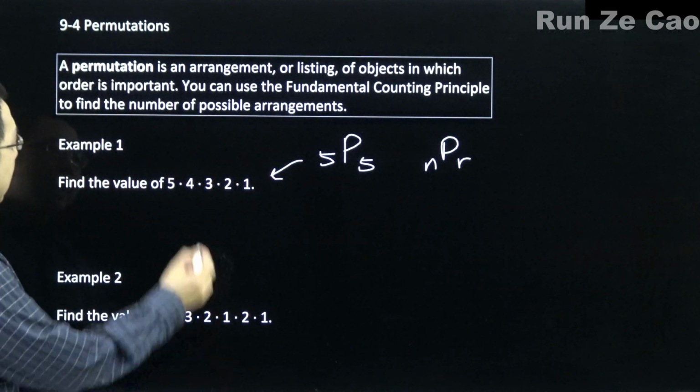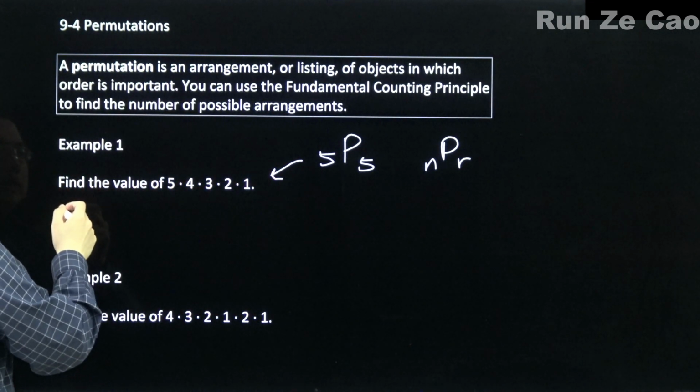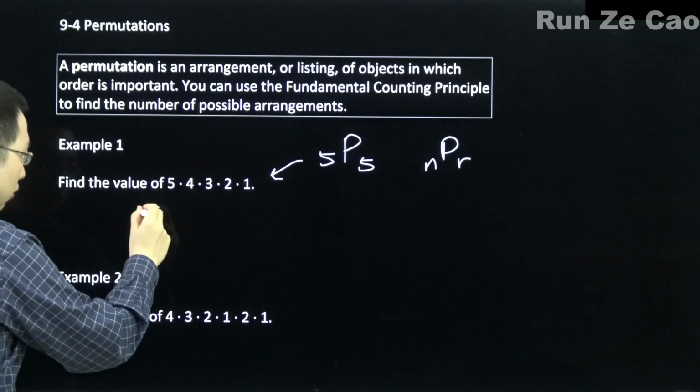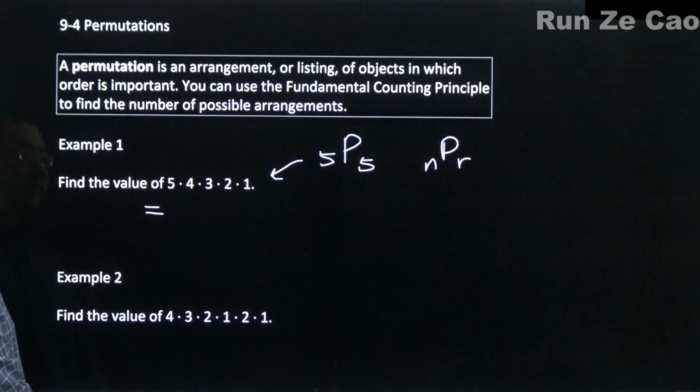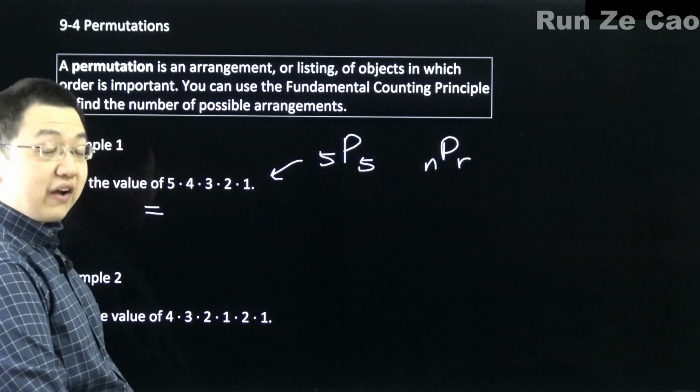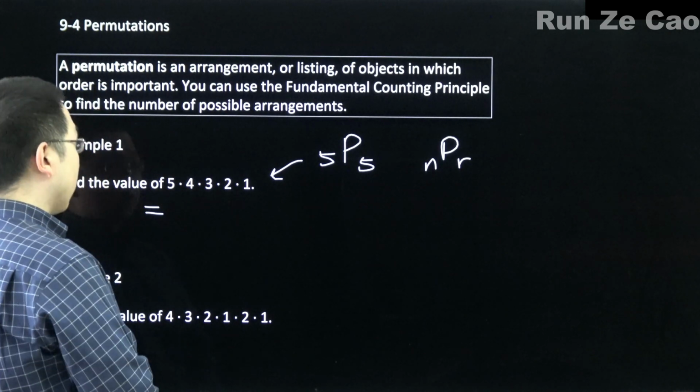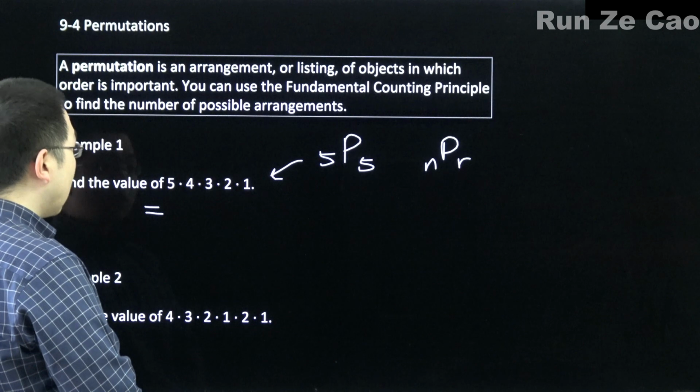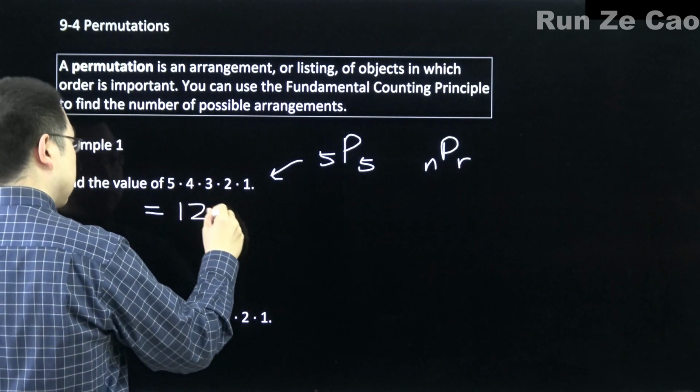Anyway, this value is equal to 5 times 4 times 3 times 2 times 1. 5 times 2 is 10. Okay, 4 times 3 is 12. Therefore, this is 120.